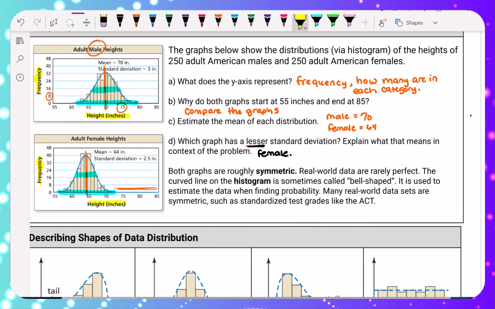So both graphs are roughly symmetric. And the reason why they've got this little curve here is to show a normal distribution or a normal curve, and it's sometimes known as bell-shaped. So a histogram is very much like a dot plot, but a dot plot shows individual values, but a histogram groups them into categories.